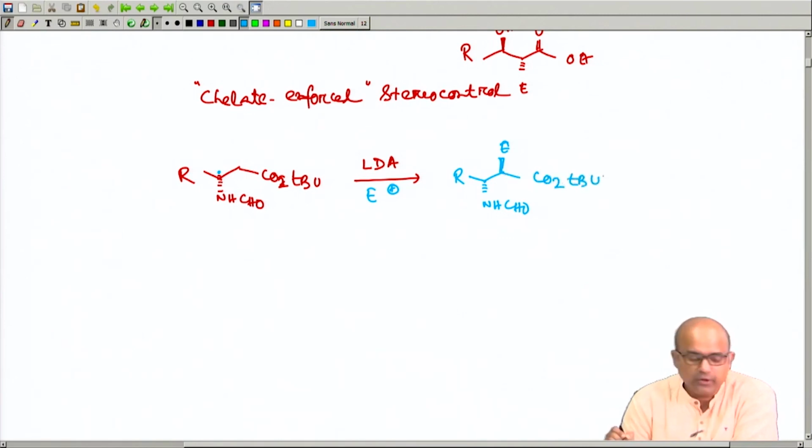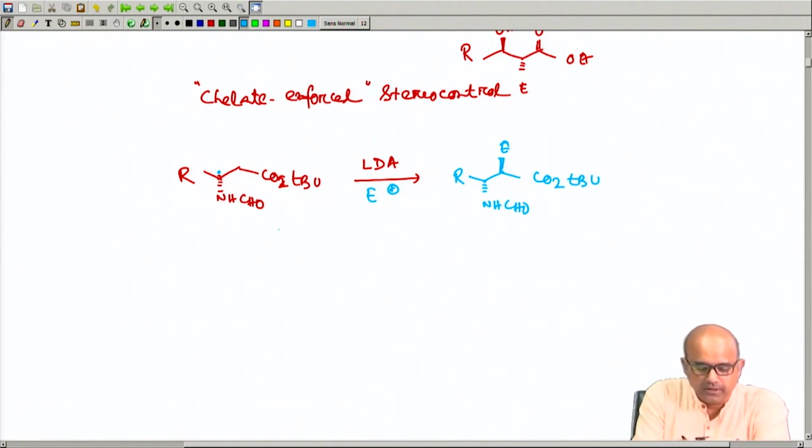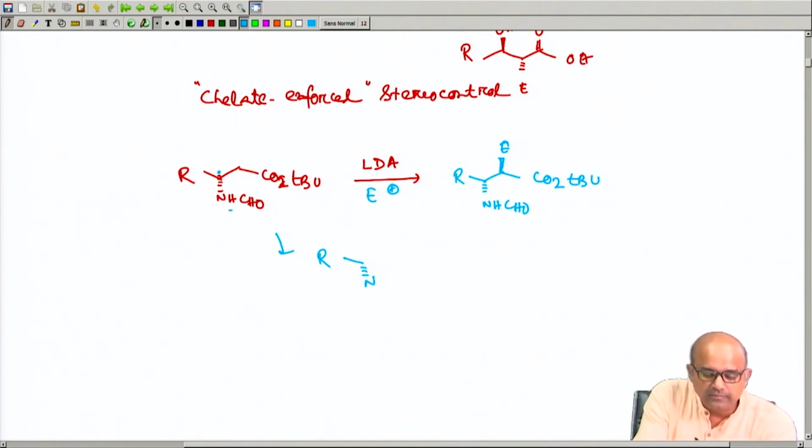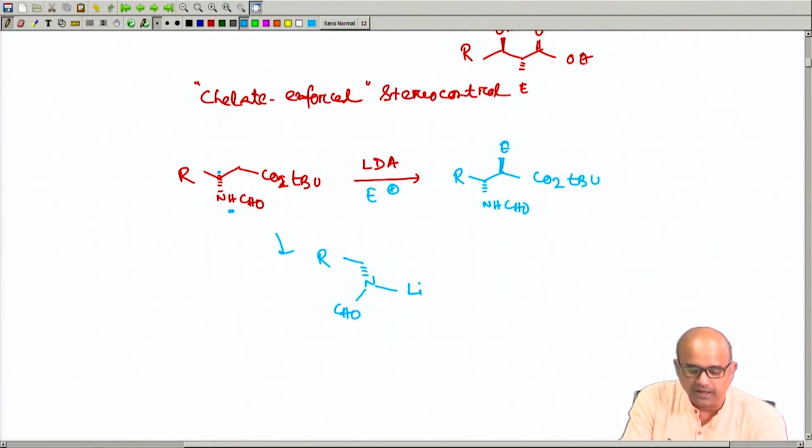Now, how can you draw the chelate? Let me try a simplified drawing. You write this as NH, but initially this hydrogen seems to be acidic. So, you can write this as NLi, because it is adjacent to the carbonyl group, and then you have this C double bond O with O tertiary butyl.